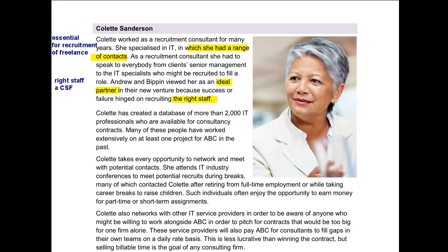And as it goes on to say, she has a database of more than 2,000 IT professionals, many of whom are available for consultancy contracts and have worked with ABC on one of these consultancy contracts in the past. So she's very useful at facilitating business throughout the organization by bringing in the right people for specialist jobs. So she's very important.